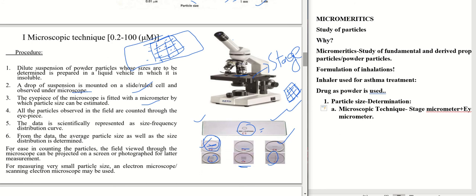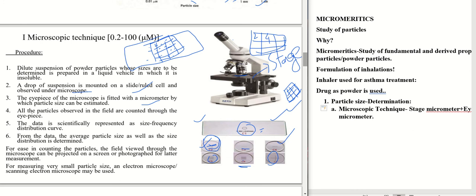We need to make an observation table like this. The first column represents the first grid. How many particles are there? If there are 2 particles, we can write 2. And for the second grid, if there are 4 particles in that, we can write 4.